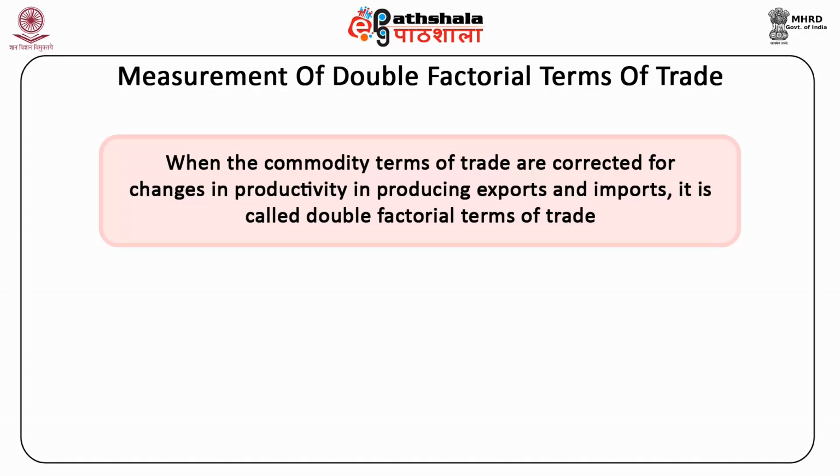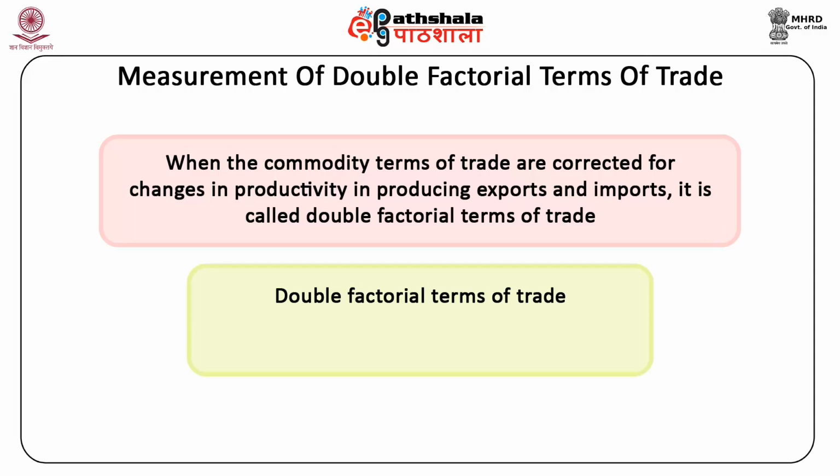When the commodity terms of trade N are corrected for changes in productivity in producing exports and imports, the result is the double factorial terms of trade. Symbolically, double factorial terms of trade can be expressed as D is equal to N into XP by MP, where N refers to commodity terms, XP and MP stand for the Export Productivity Index and Import Productivity Index, and D refers to double factorial terms of trade.